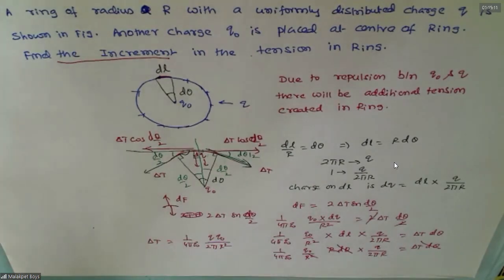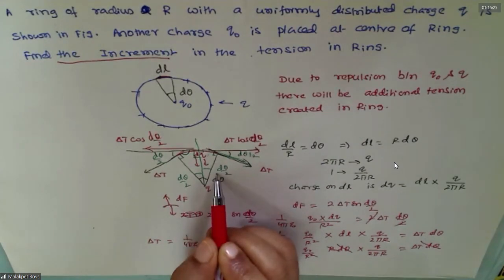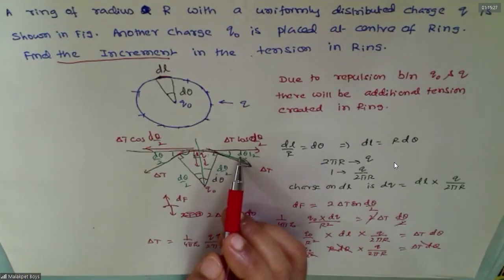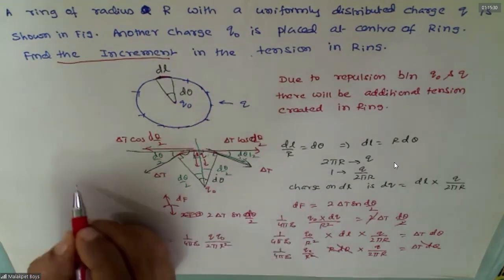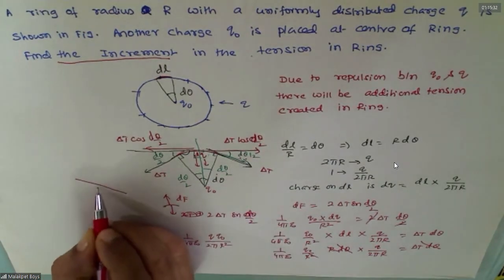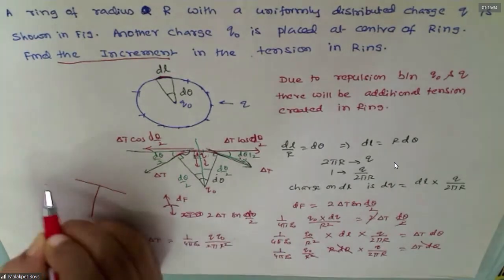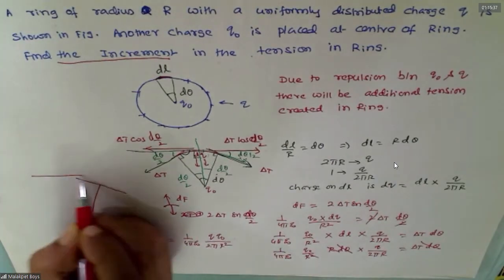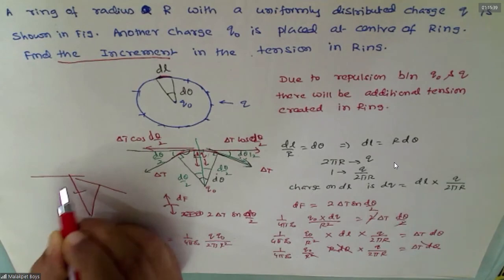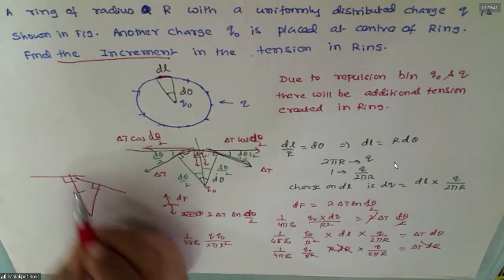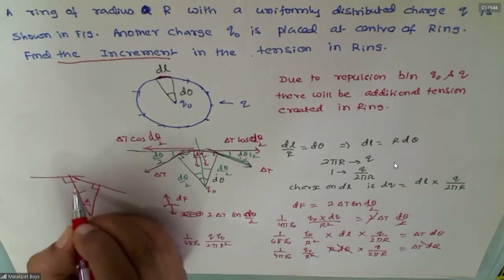Excuse me, sir. I have a doubt. Tell. Sir, can you explain that part, how we are getting d theta by 2 as the angle of delta T? This one? Yes, sir. Simple school geometry, man. This is one tangent now. This is radius, this is tangent. This is 90. This is some alpha. This is a quadrilateral now.